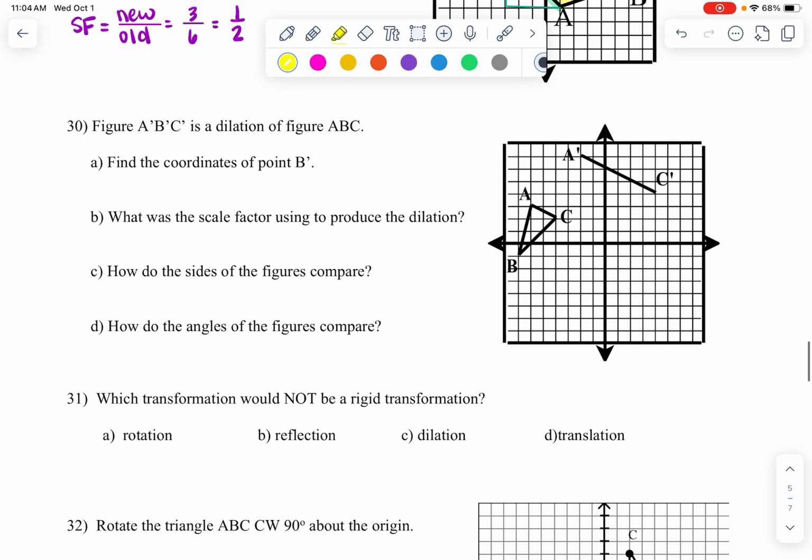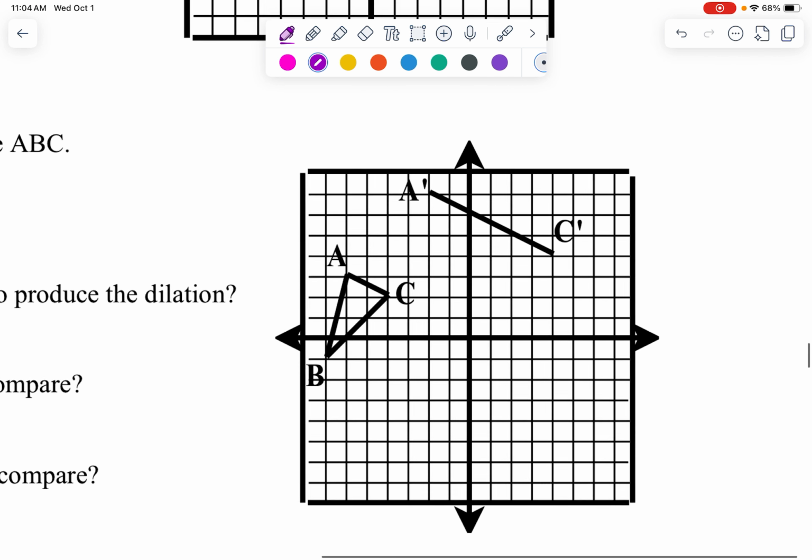Okay, number 30. We've dilated it. Clearly, it's gotten bigger, all right? So we just need to figure out how much bigger. Well, the first thing I need to do is find that scale factor. So I'm going to analyze the movement of AC, that's the original, to the new AC. So I moved right 2.